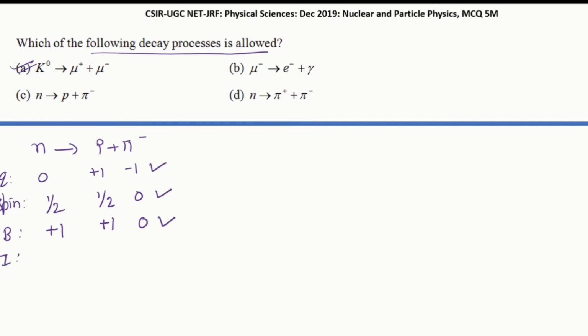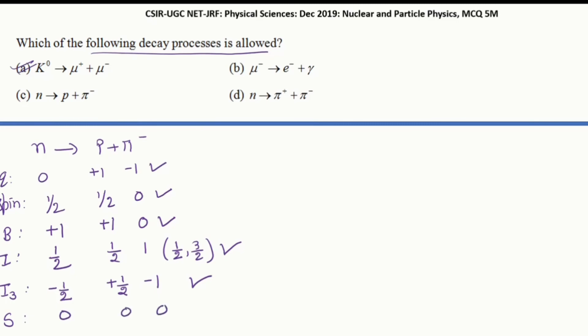Then isospin, half for the neutron, half for the proton, and 1 for the pion. So on the right hand side, the possible values of I are 1/2 and 3/2, so this is also conserved. Third component of the isospin, for the neutron it is -half, for the proton it is +half, and for the pi negative it is -1, so this is also conserved. The strangeness 0, 0, 0. The strangeness is also conserved.